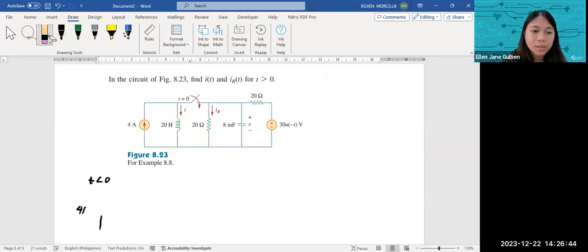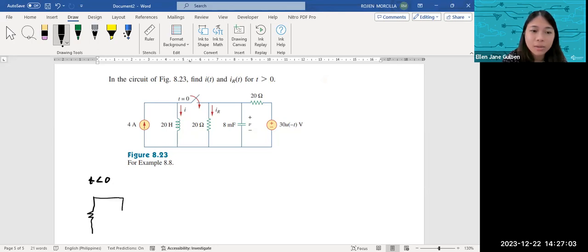Let's erase this. Since this one is open at t less than 0 and then it was shorted at t greater than 0, we will have to start here.